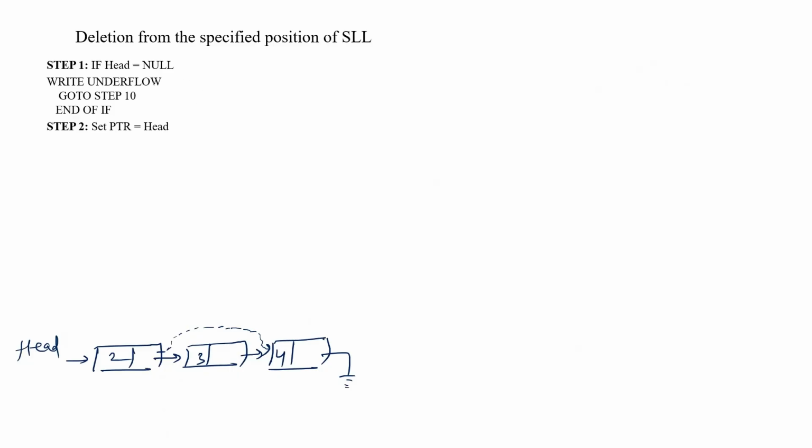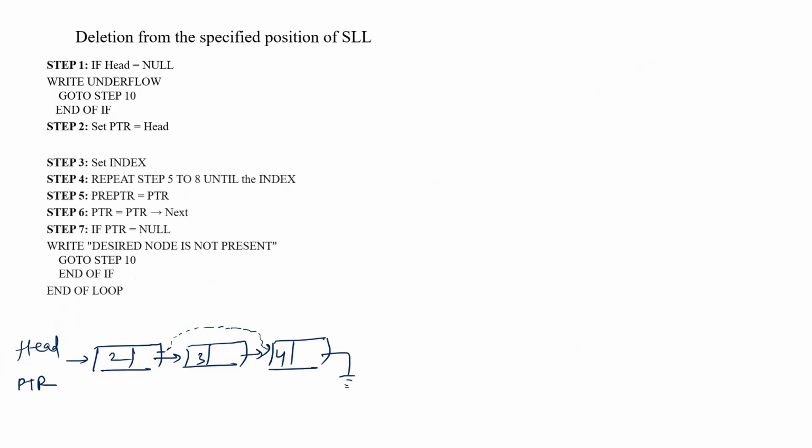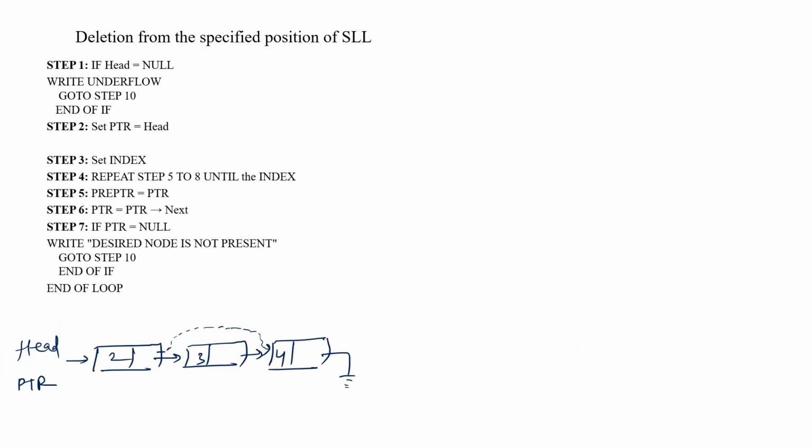So initially I will check if head is equal to null, then I will go to step number 10, that is exit. Step number 2 is ptr is equal to head. Then we will bring ptr on the position of 3, and one pre-pointer I'm going to tag that will connect with the 4 later on.